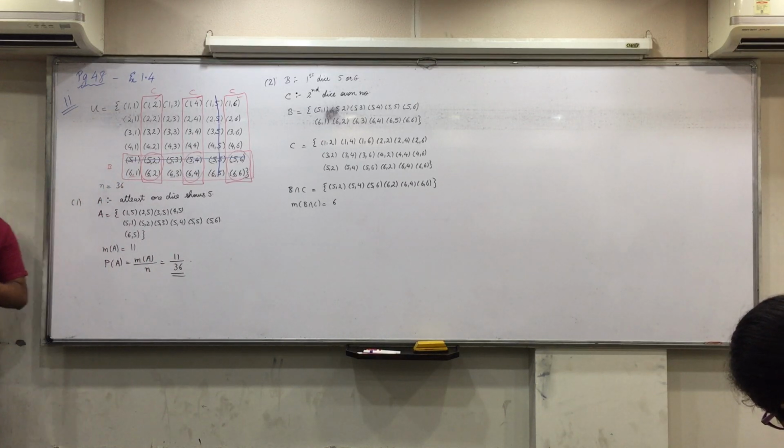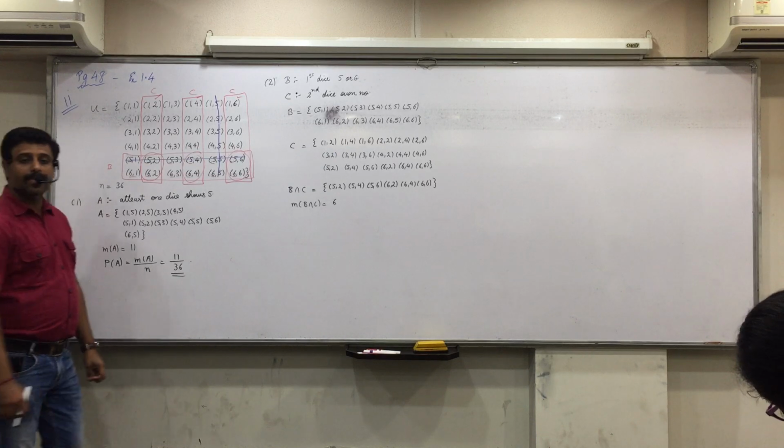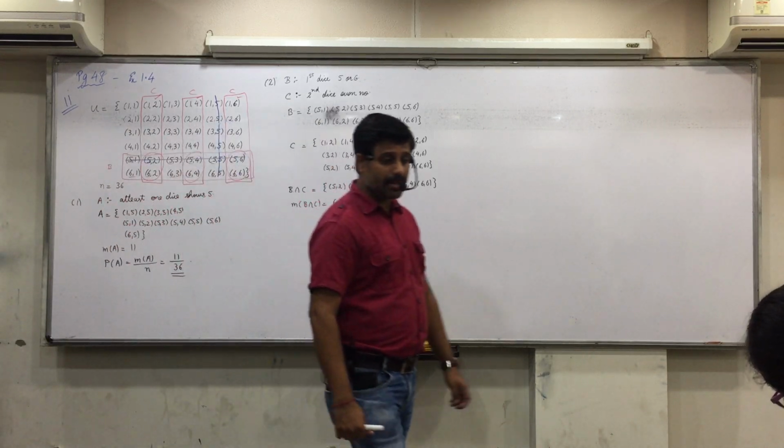Okay, now we can write the main answer. Did you write up the n of B intersection C?